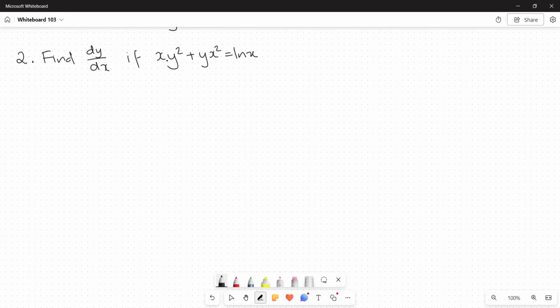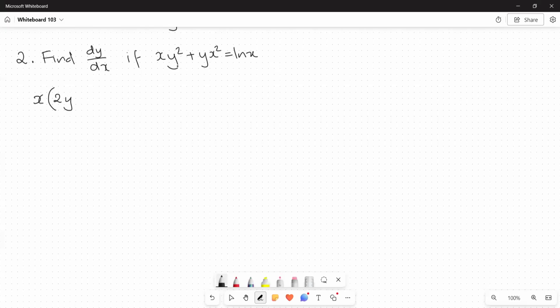So to differentiate x y squared, I must use the product rule because these two are multiplying. Okay, so we know the product rule. It says the first one, the way it is, and then I multiply by the derivative of y squared. To differentiate y squared, we use the chain rule. So the 2 will come down, and then at the top you have 1, and when the exponent is 1, you don't even need to write it.